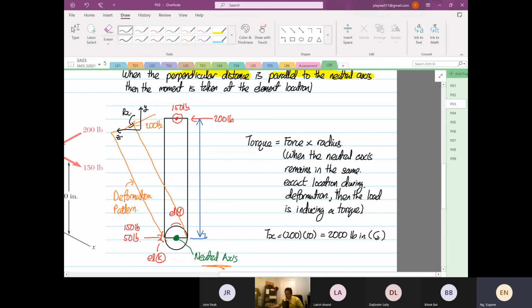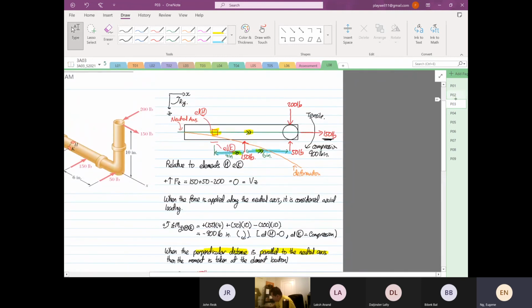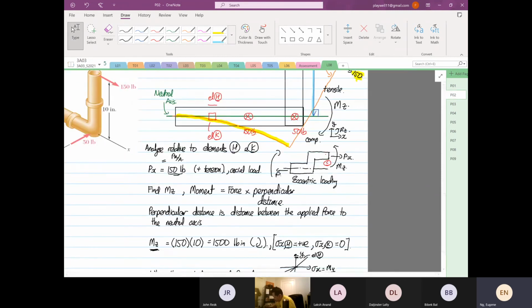Okay, so this is where it's critical. You need to be able to identify when is it a moment, when is it a torque, when is it an axial load, and when is it a shearing force? Okay, so just to quickly recap, when is it a bending moment?